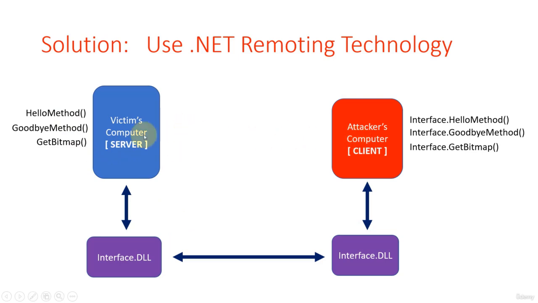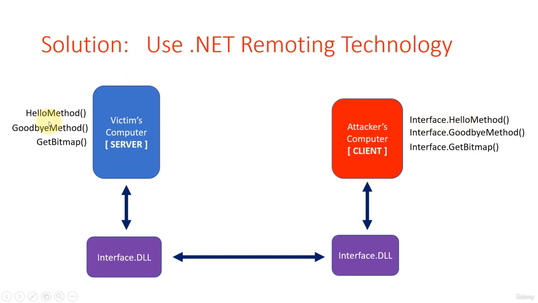So in this case, let's say we want to write a RAT that can perform these three functions: hello method, goodbye method, and get image. If the attacker wants to call this hello method, the attacker can easily do it by directly calling it like this: interface.hello.